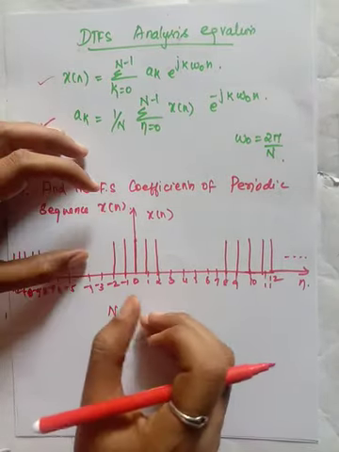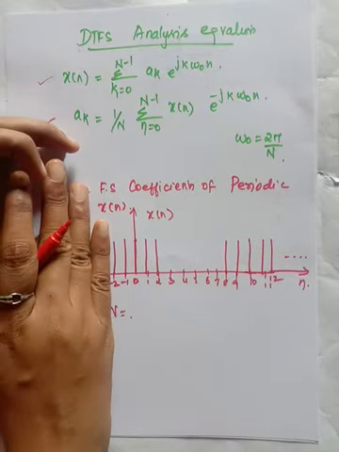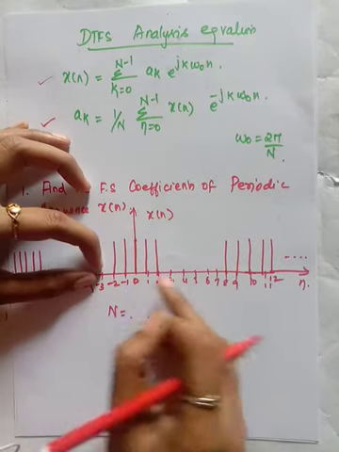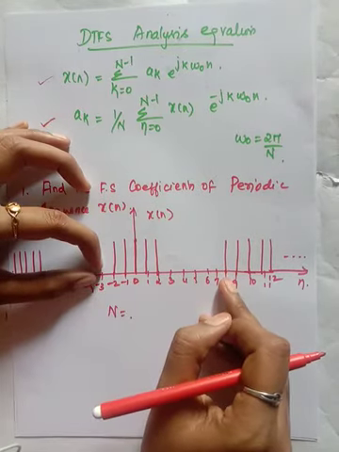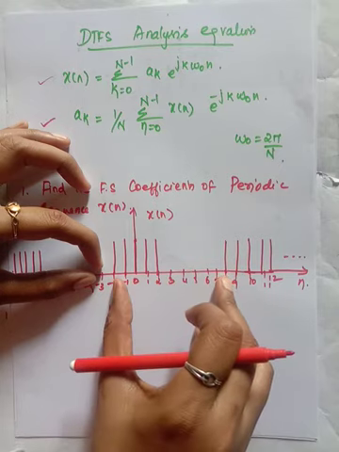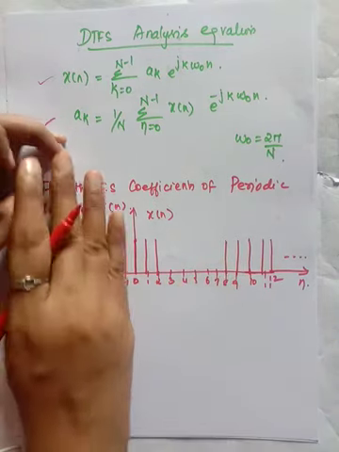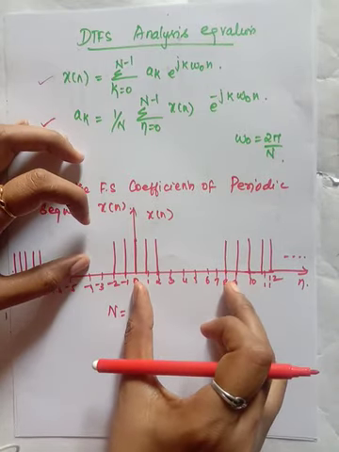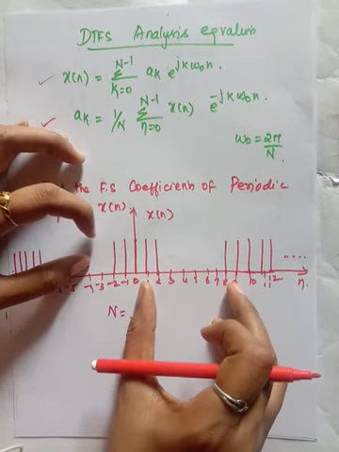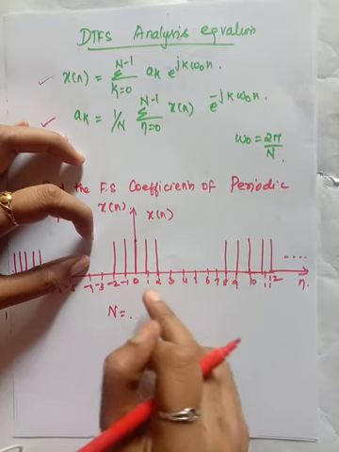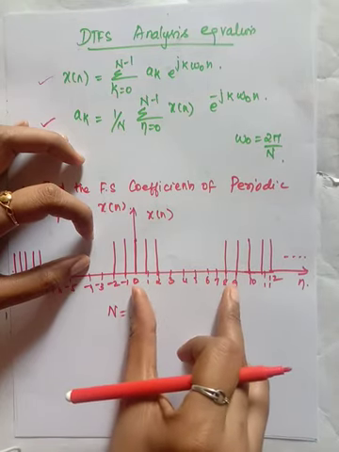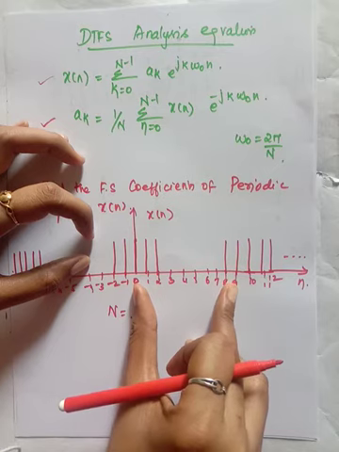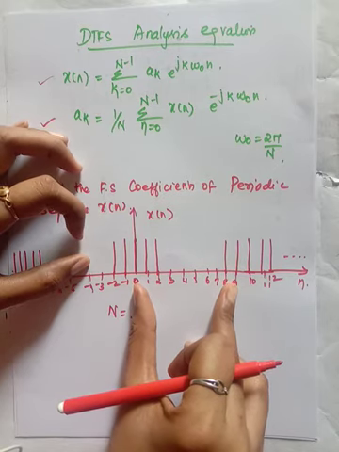Either you can choose from -2 to 8, so the total periodicity is 10. Or you can choose from 0, to where you get the repeated spectrum, that is, 0 to 9 is the periodic spectrum. Like that you can take it.